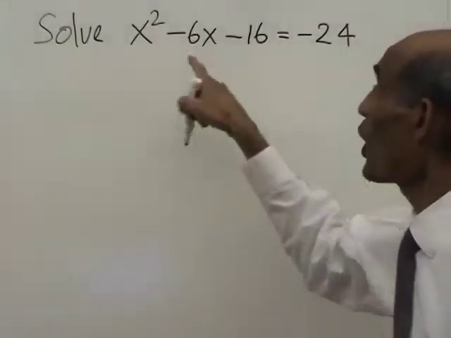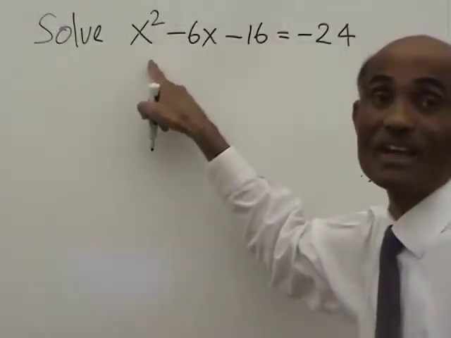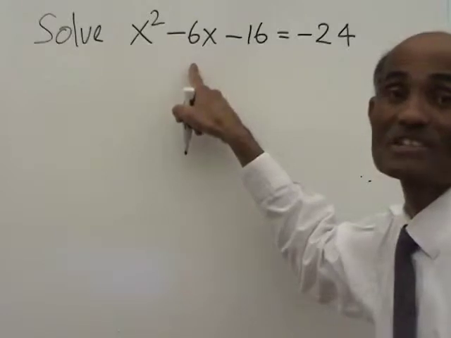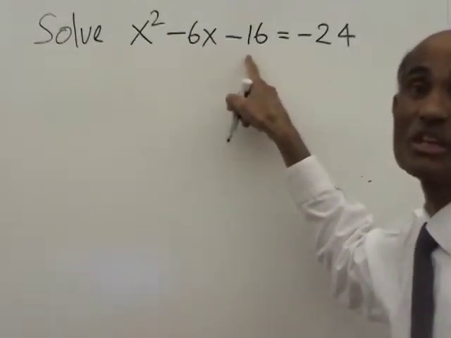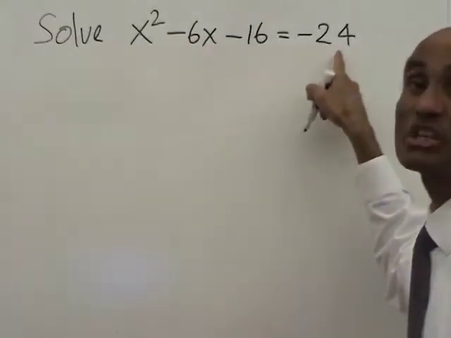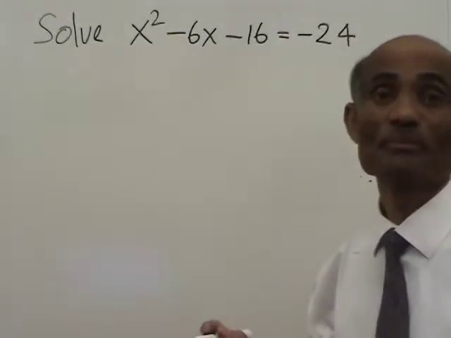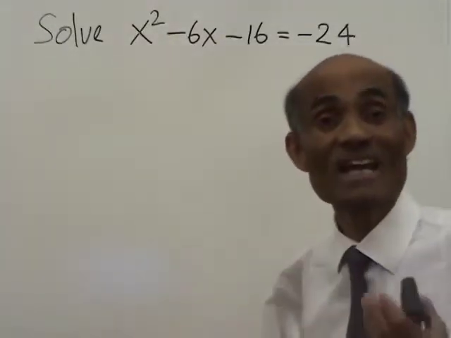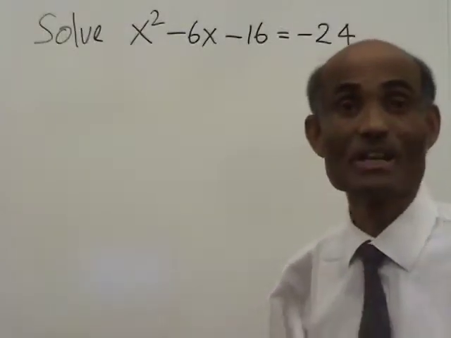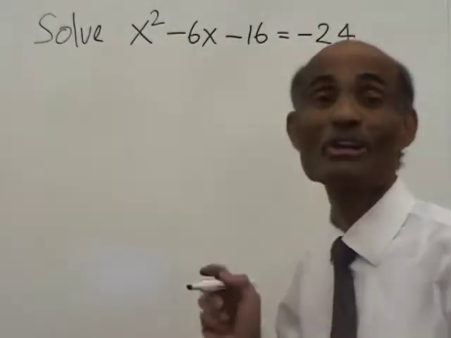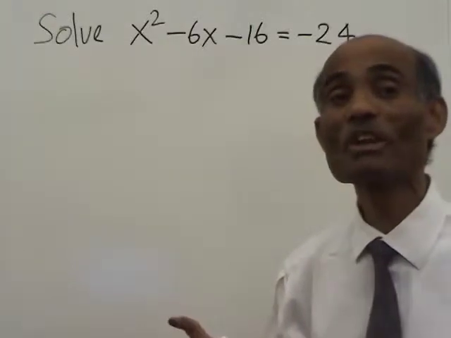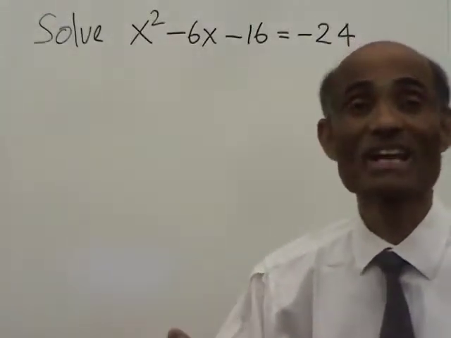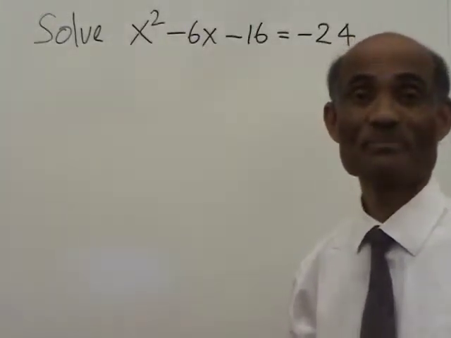Let's now solve this equation. x squared minus 6x minus 16 equal to negative 24. Well, if you look at the left hand side, it is a second degree quantity. So this is a second degree equation. What is the method of solving a second degree equation?